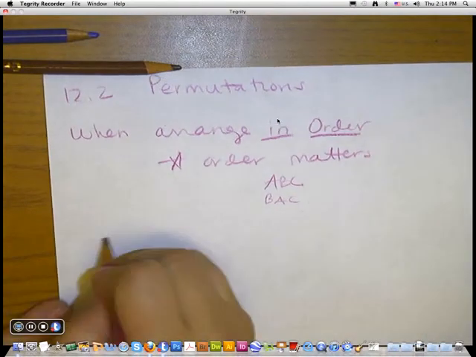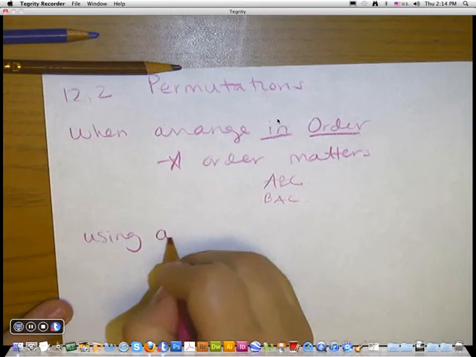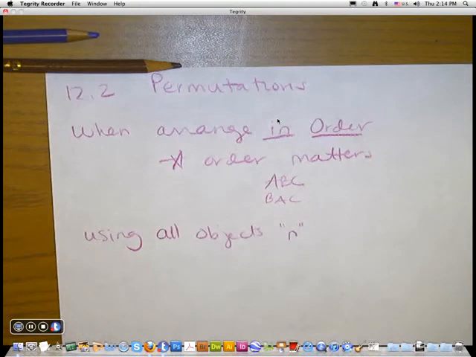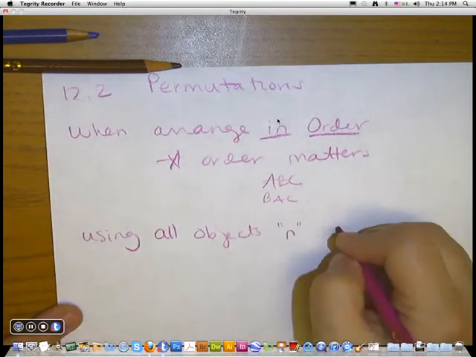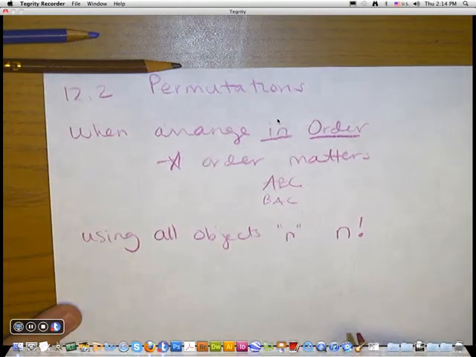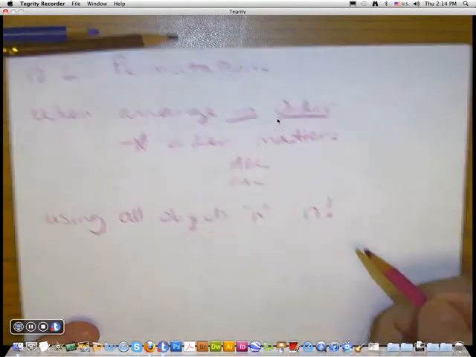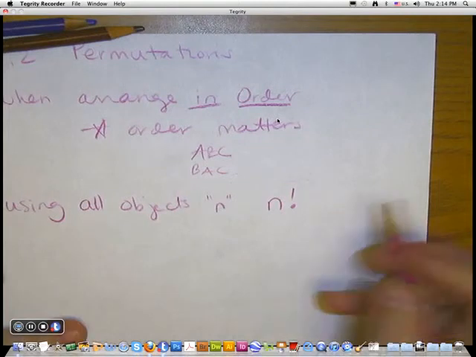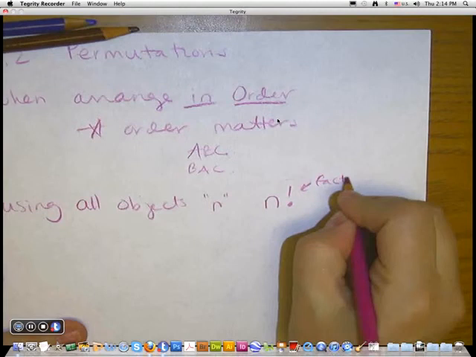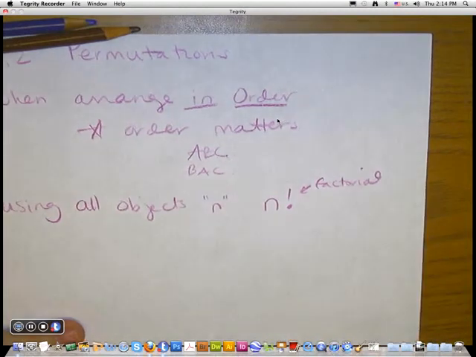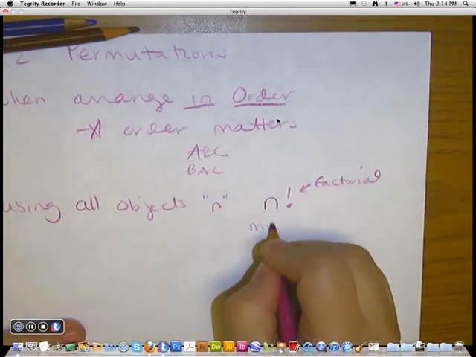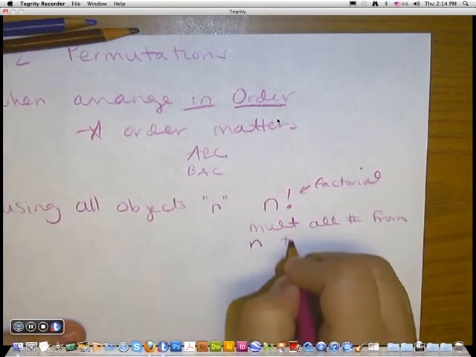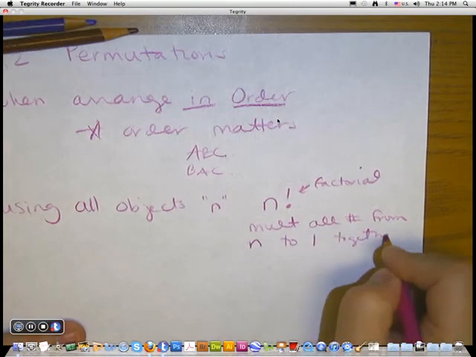So when we're using all of our objects, and when we say objects, we're going to call them n. What we do is we say it was n factorial. I know in English class you think that's an exclamation. Well, in math class it is too. It's like, woohoo, n! It's like an excitement. Factorial, n! But what factorial means in true mathematics is that we're going to multiply all numbers from n to 1 together.